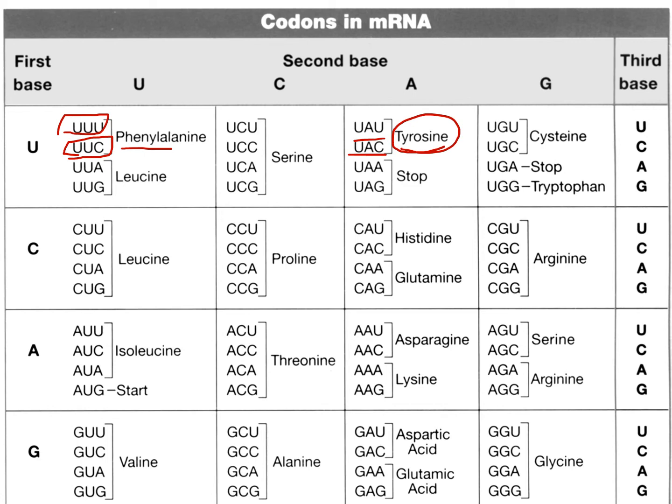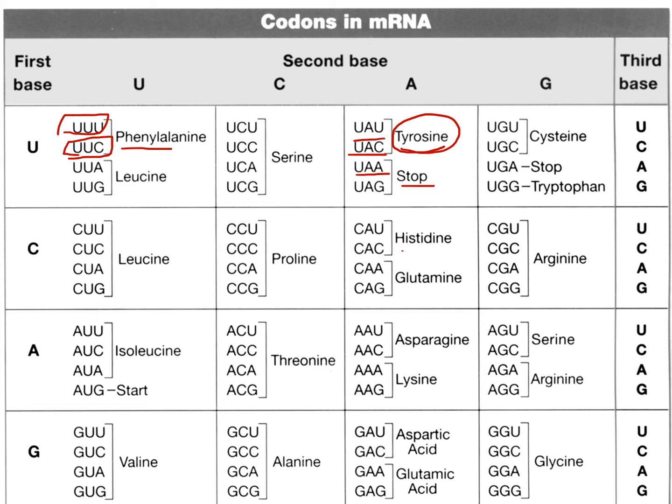If we went from UAC to UAA, so we substitute an A for a C, then that would produce a stop codon, and a stop codon means that's the end of translation, and it is going to result in a much shorter polypeptide, probably going to be a total loss of function for that protein.